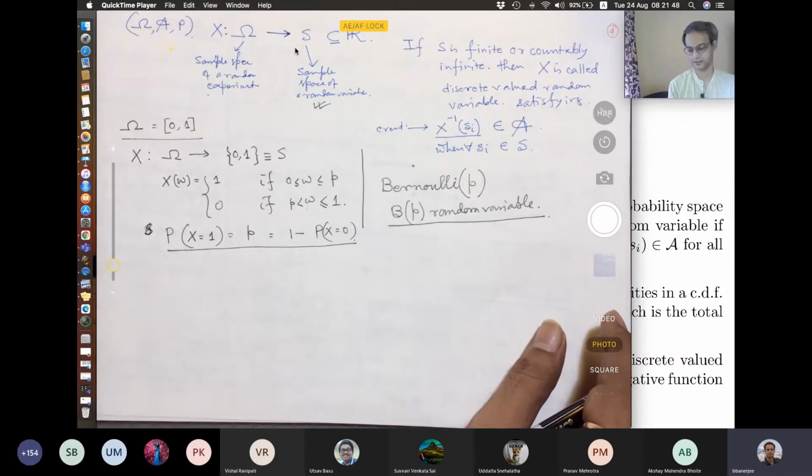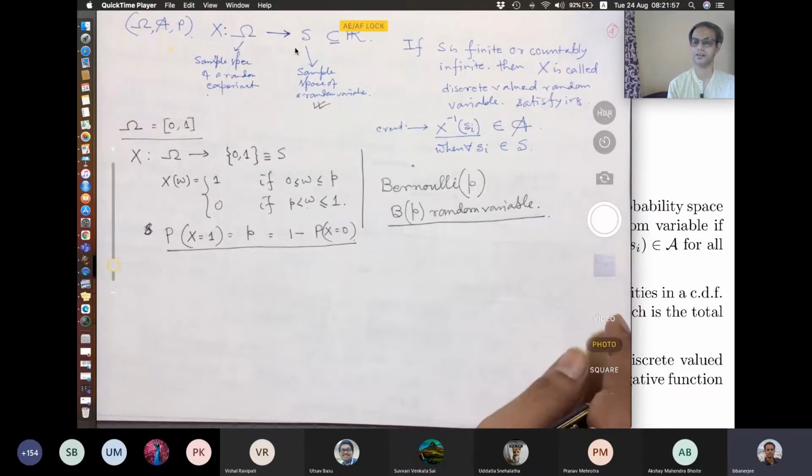So all this modeling can be done by this random variable. So this is the building block of all discrete random variables. Whatever you will see in future, all can be started from here.